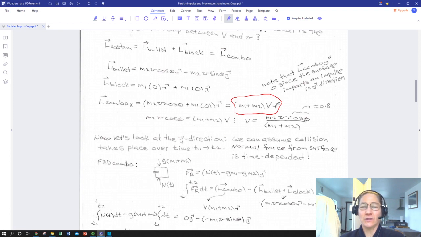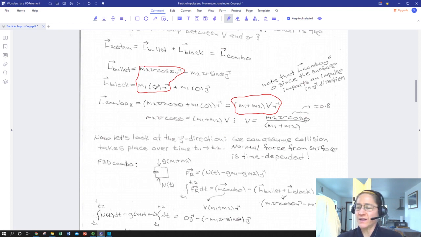So that's L combo, which according to conservation of momentum is going to be equal to the sum of bullet momentum and block momentum, which is just simply the sum of the x components of each of these.